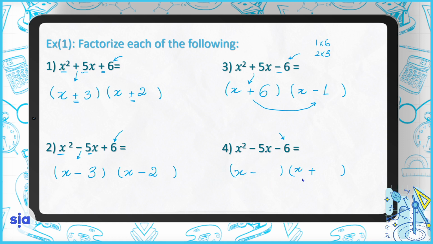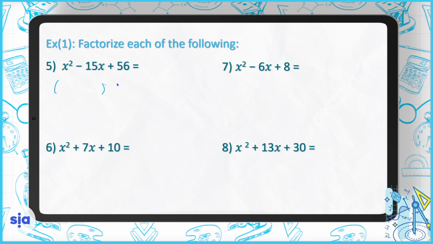The two signs that we wrote in the bracket, are they the same or different? They are different. Excellent. So different, we're looking for two numbers whose difference is 5, and when they multiply each other, it is 6. Yes, here it is the 6 and the 1. As we always said, the bigger number, we write it first.